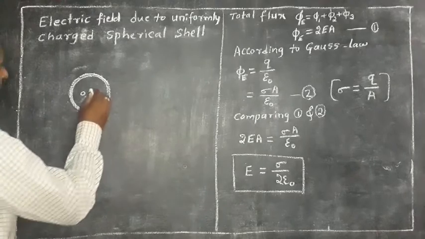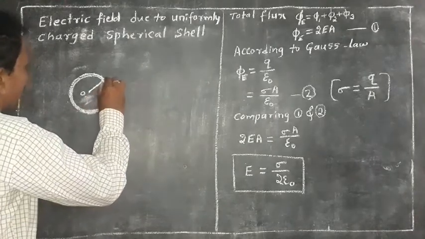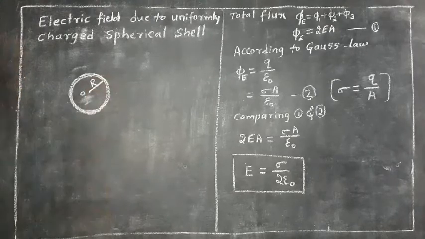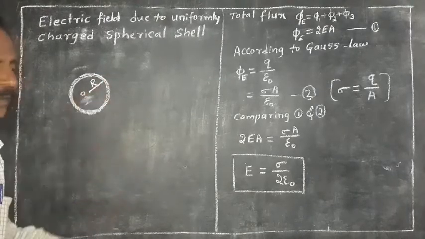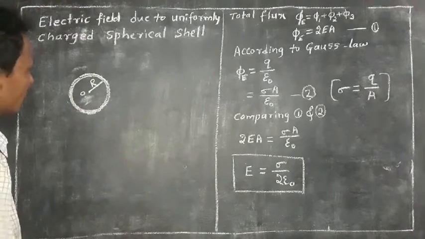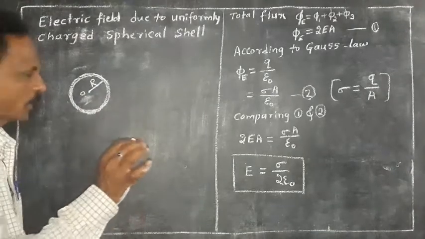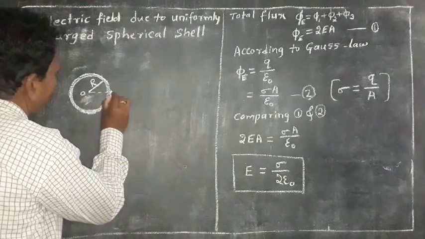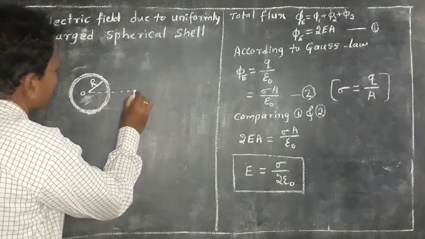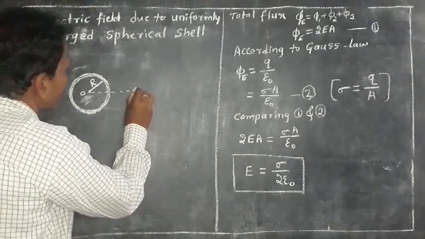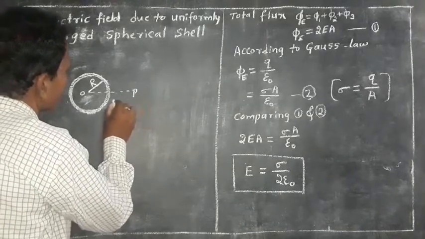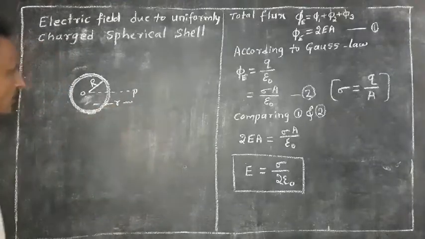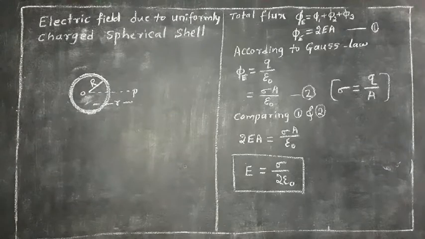Let capital R be the radius of the spherical shell. Now, let P be a point at a distance small r from the center of the sphere.